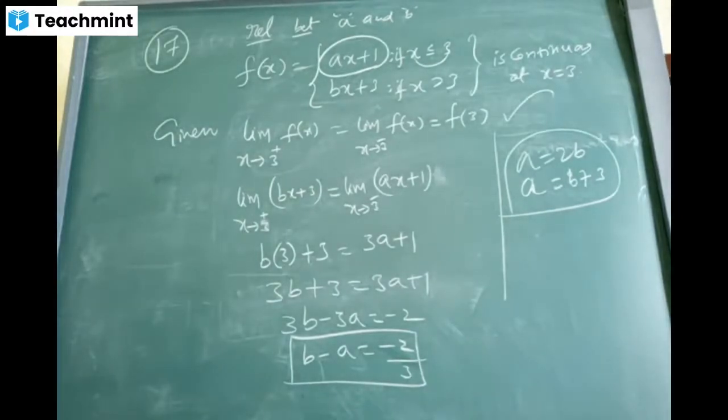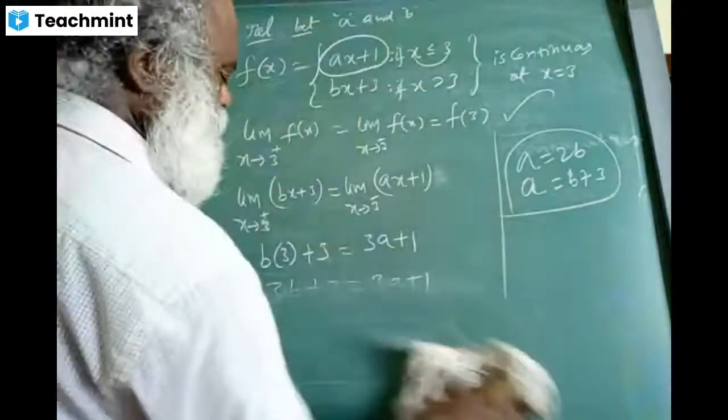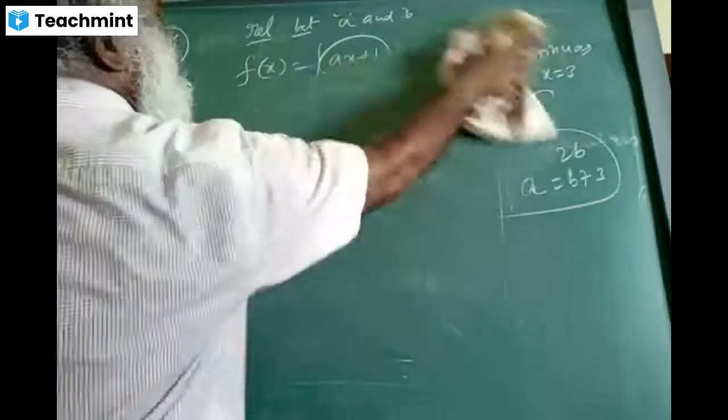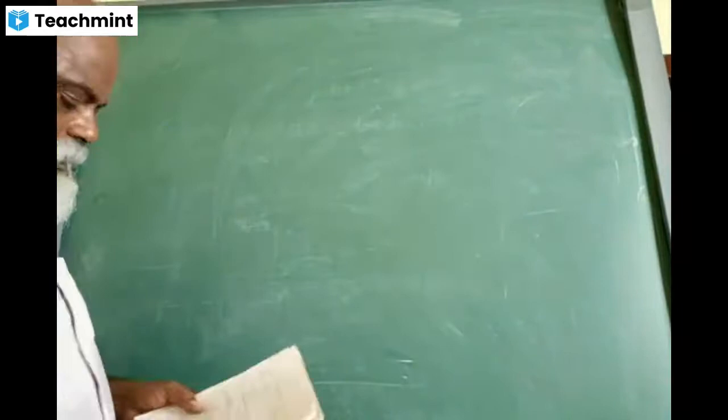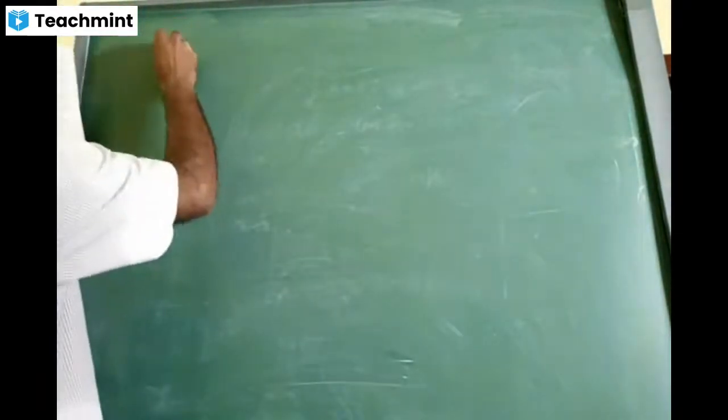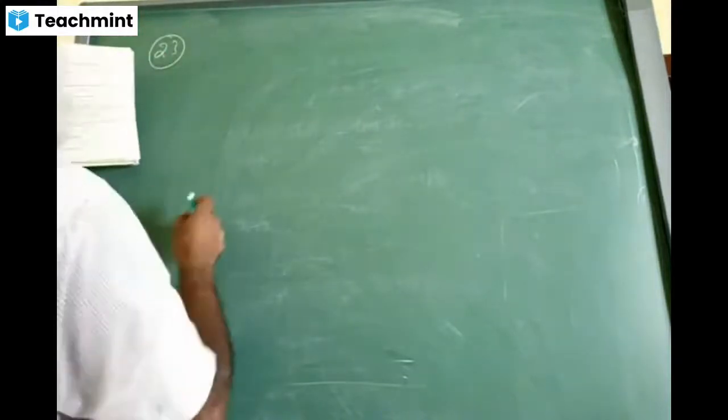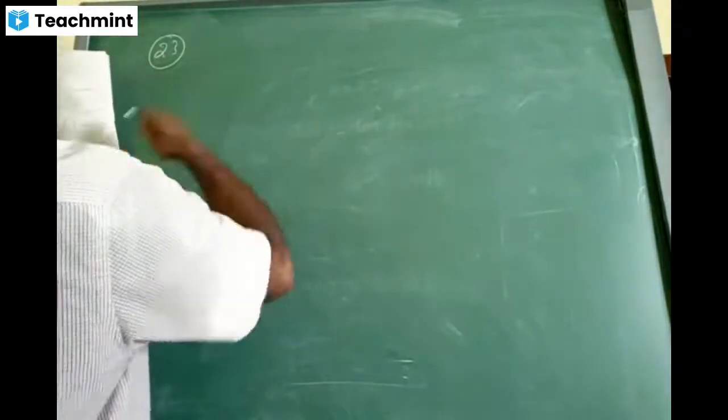Okay, 23. All of you take question number 23. It's a different kind of question. We have used some beautiful input.